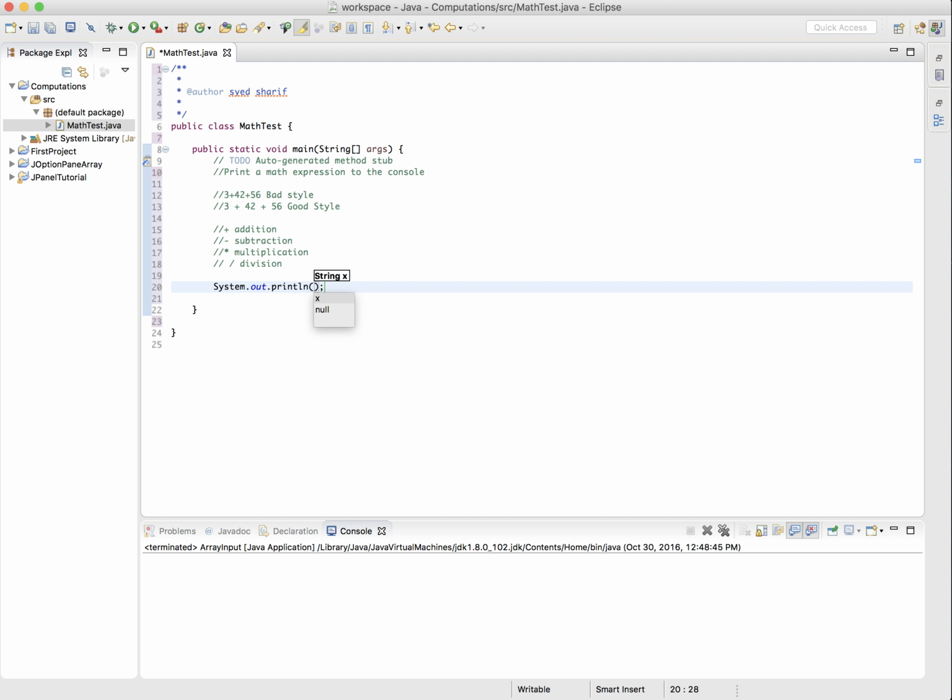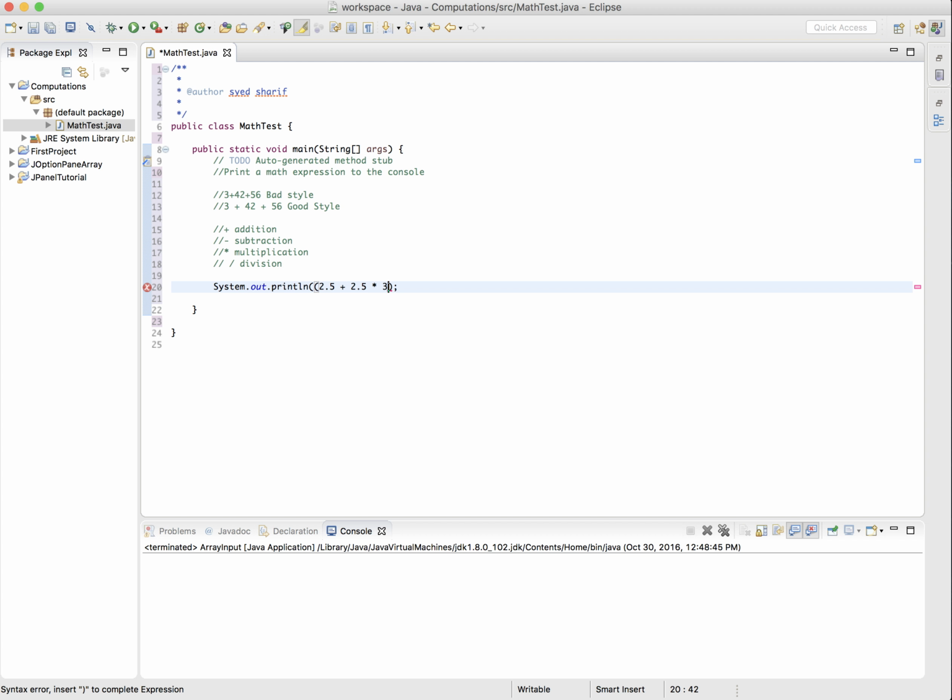So I'm going to put an expression here. Let's do 2.5, and we're going to put this first expression into parentheses: 2.5 plus 2.5, times 3.